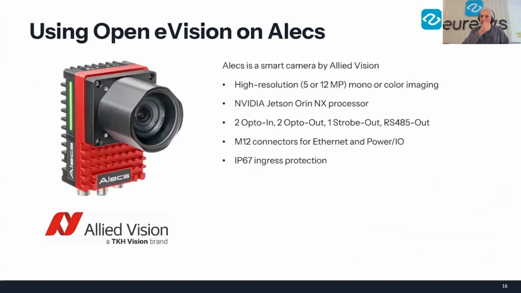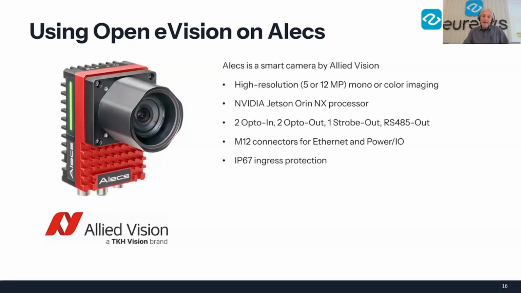So today I would like to specifically talk about Open eVision on Alex. And what is Alex? Alex is a new smart camera from Allied Vision. You have different kinds of sensors. There are 2 different sensors today on Alex, 5 and 12 megapixel.